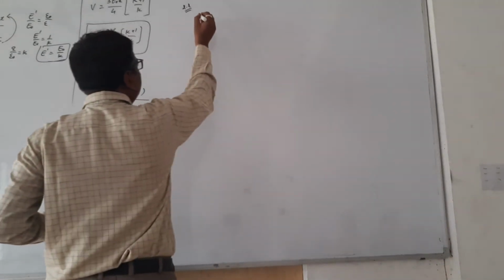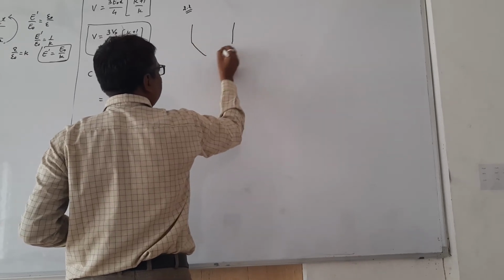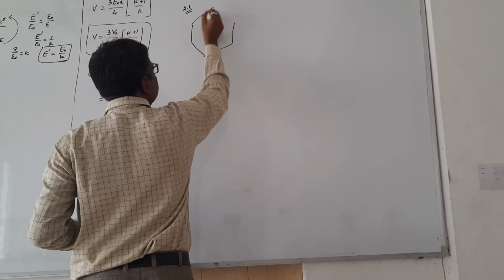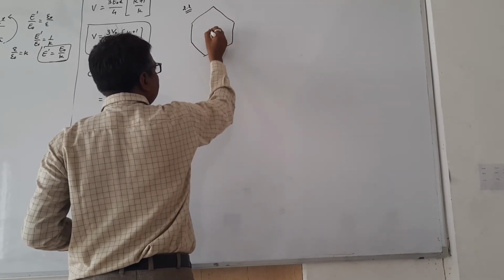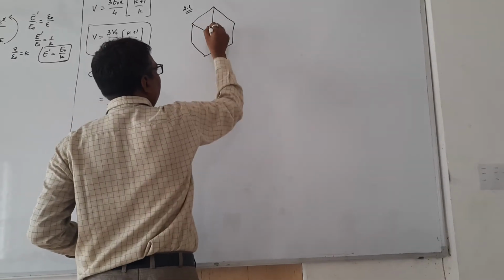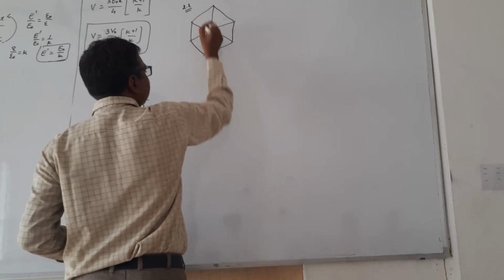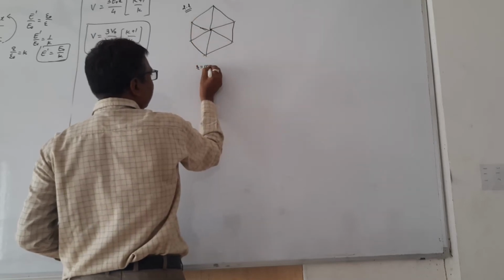See, you are given a regular hexagon. This is a regular hexagon, that means it is like this. And in the center, regular means that all sides are of 10 centimeter. So R is equal to 10 centimeter.